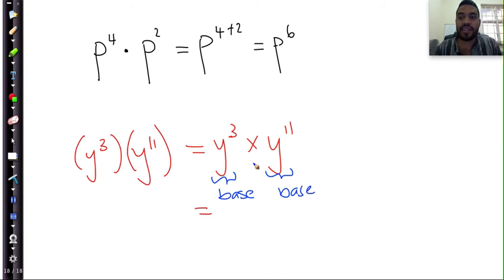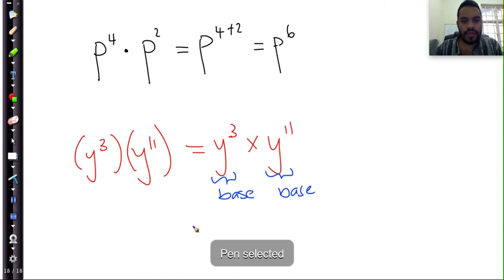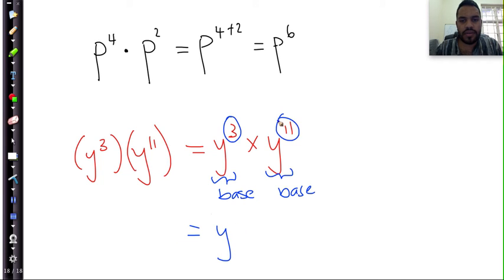Clearly, these two bases are identical. Now when the bases are the same, all you do is keep the base and add the exponents. It's going to be 3 plus 11, and that gives me y to the power of 14. So that's the product rule. When the bases are the same and we multiply them, all we need to do is add the exponents.